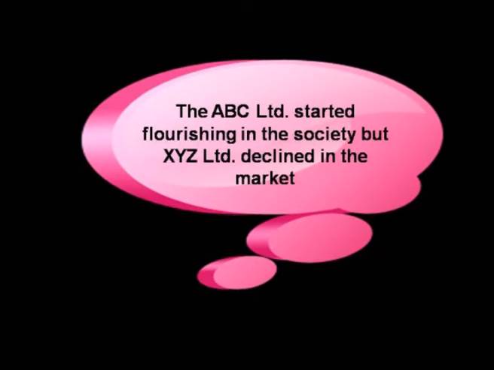Therefore, in the course of time, the business organization whose employees are high in work involvement, that is ABC Limited, starts flourishing in the society, whereas the organization with employees less involved in their work starts declining in the market. So, what do we infer from this example?